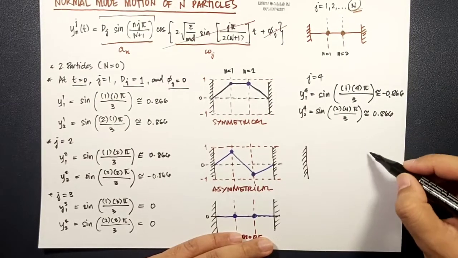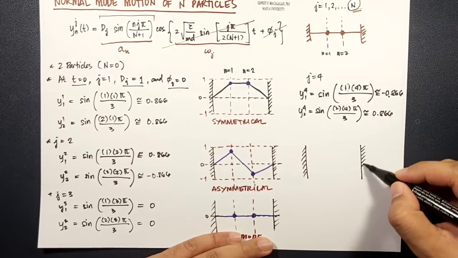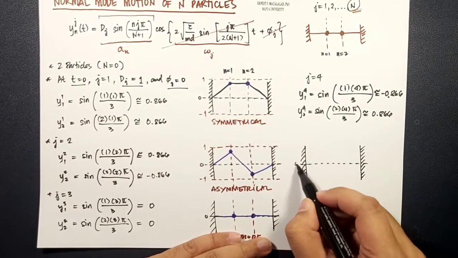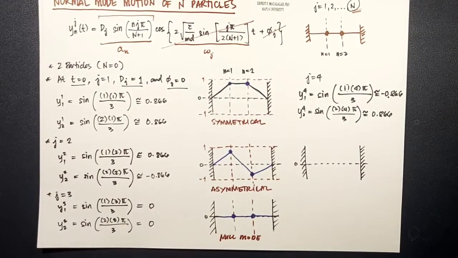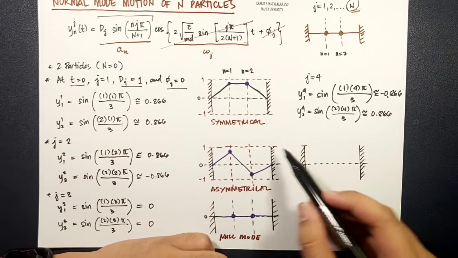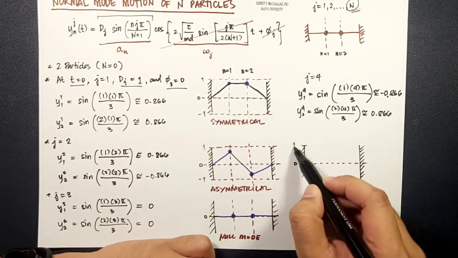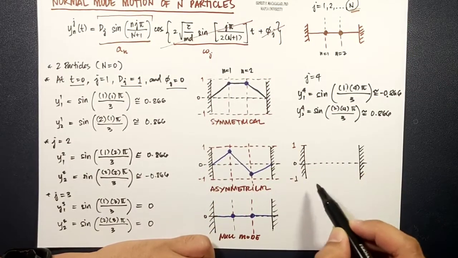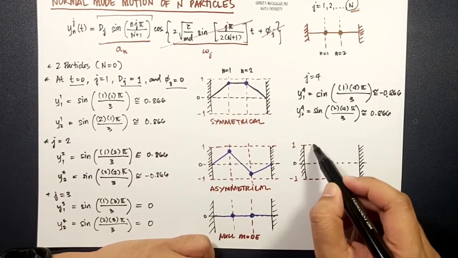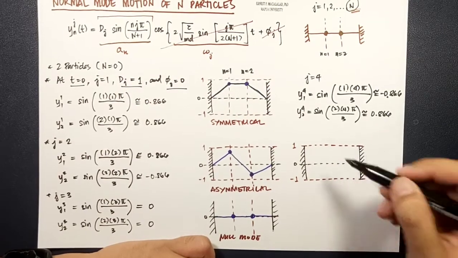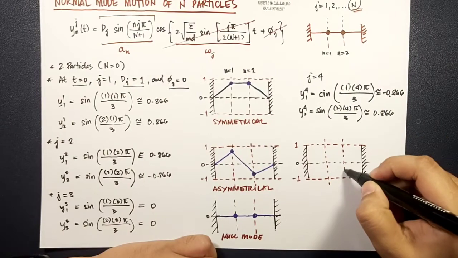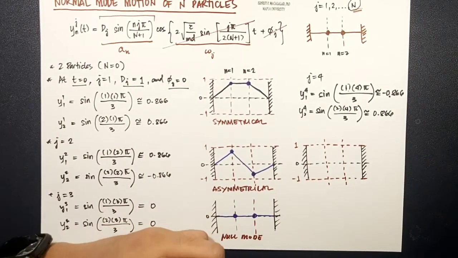We can draw it like this. This is 0, this is plus 1 and this is minus 1, and this is n equal to 1 and n equal to 2.